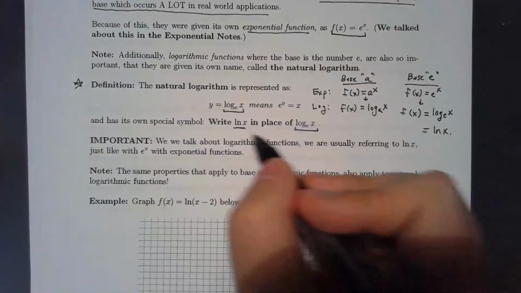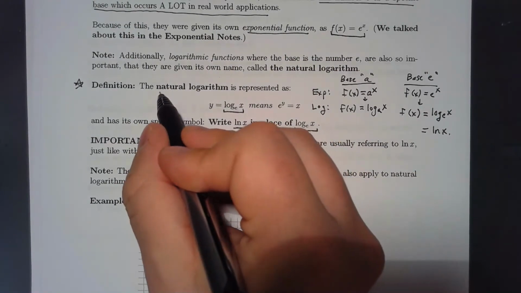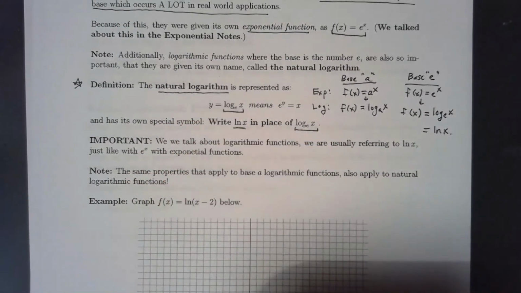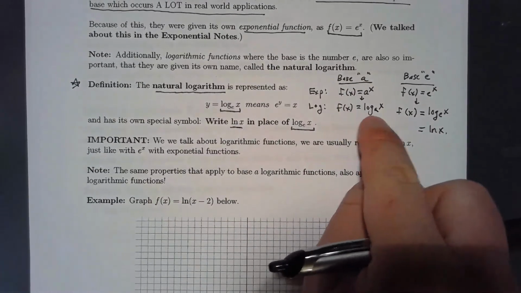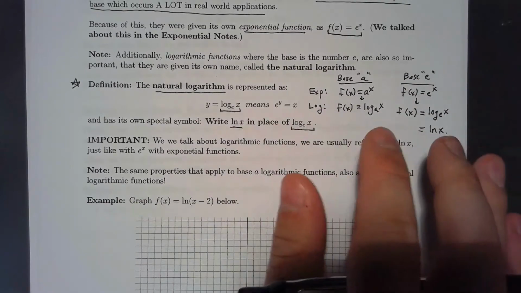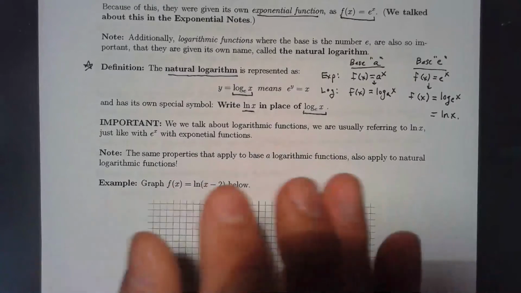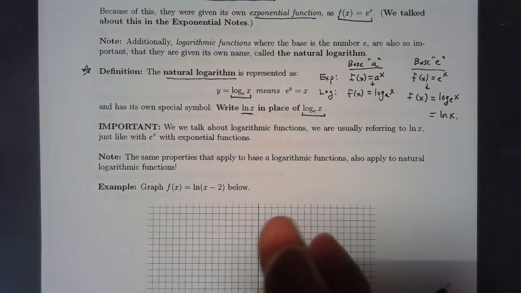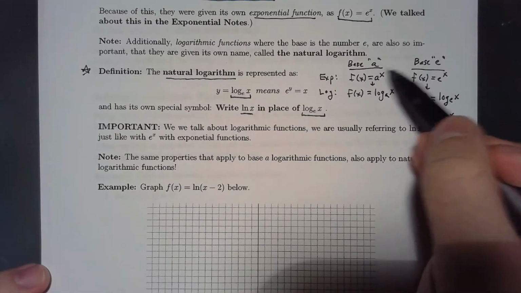This is redundant. We just say this is called the natural logarithm. And regardless if you're working with base a logarithms or base e natural logarithms, the properties for them remain the same. They're exactly identical.